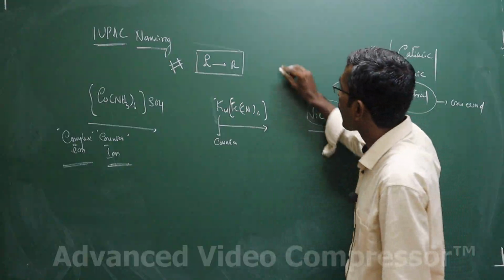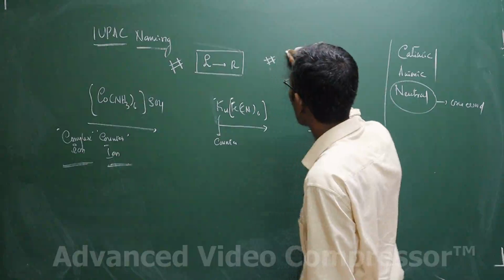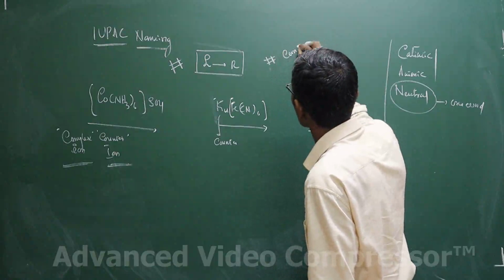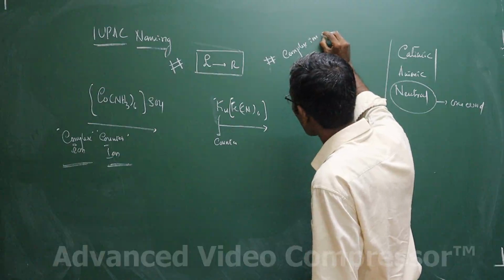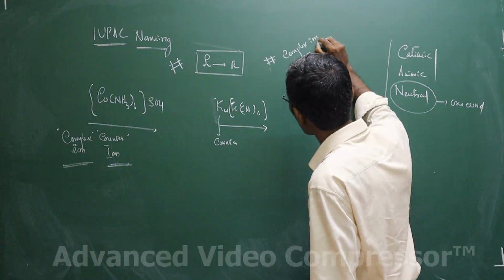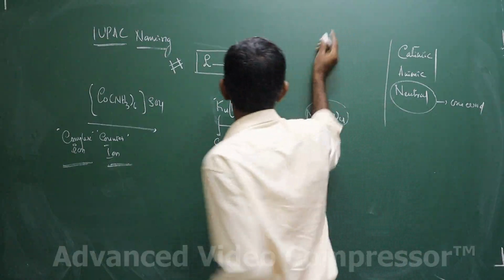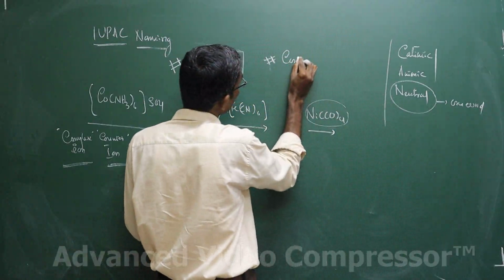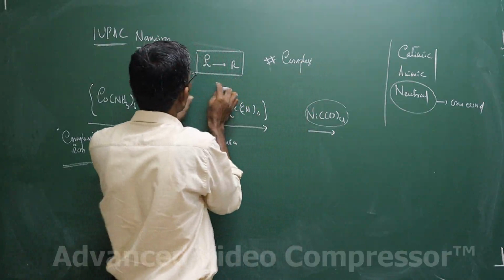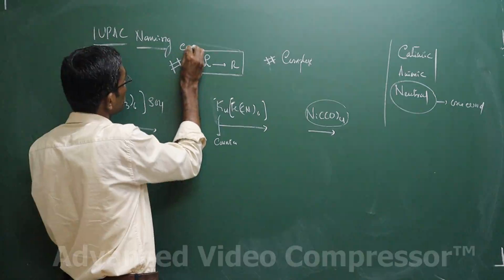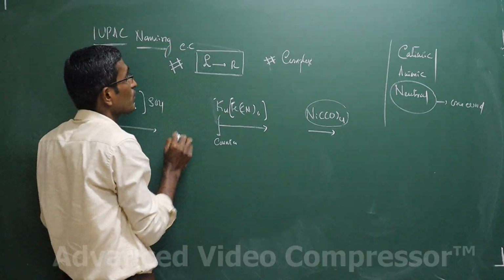Now I'll go for the next rule. When you are naming the complex ion, you have to come from right to left. I am talking about the coordination compound or complex as a whole.